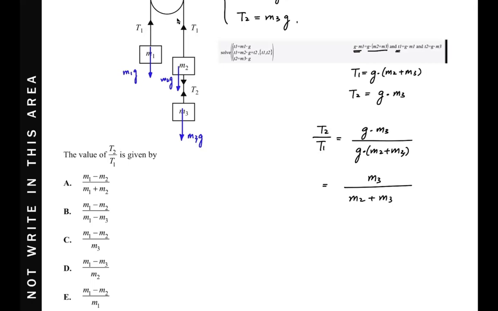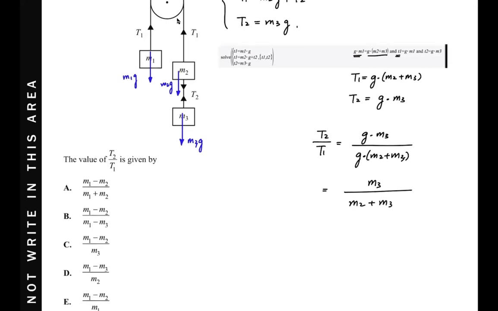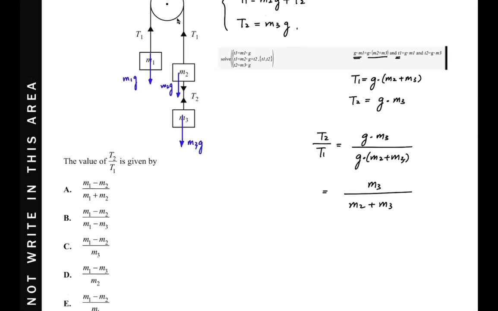But we don't have such an option. So I'm going to say, okay, since M1 times G equals M2 plus M3 times G, M1 equals M2 plus M3. We can say M3 is M1 minus M2.